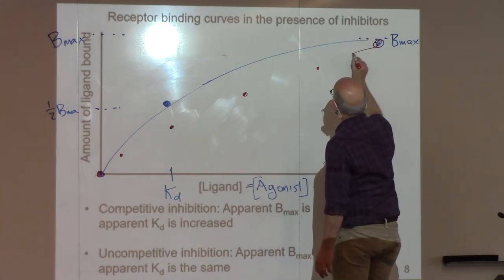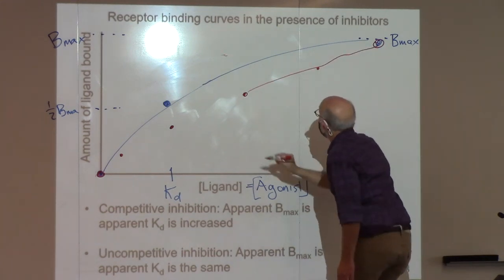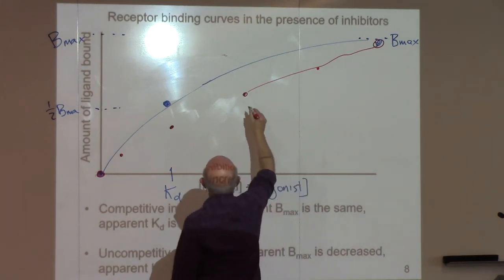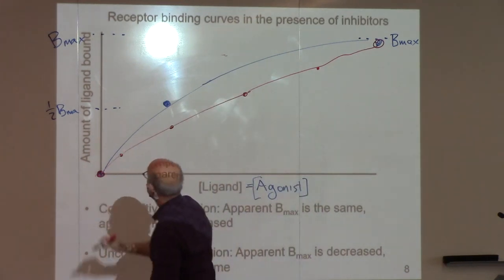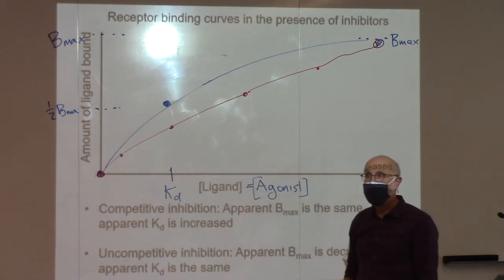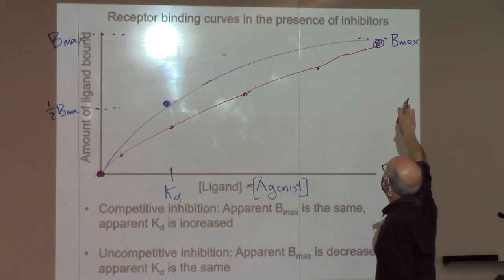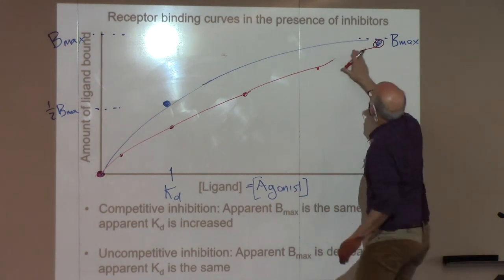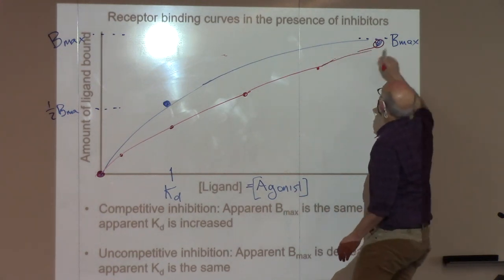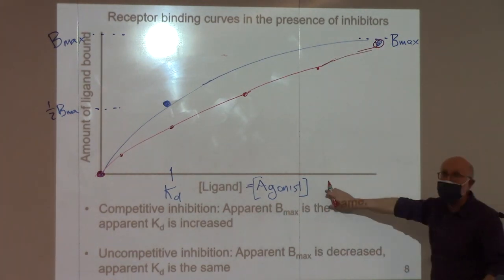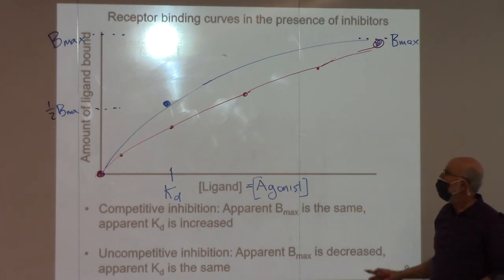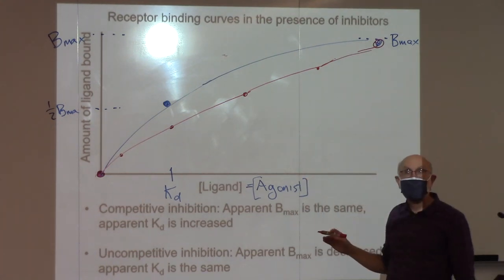I'm drawing a rectangular hyperbola that looks like that. Same origin, same point way out there, forget the wiggle. When we have a very high concentration of agonist, but it's an inhibitor, so it's lower.